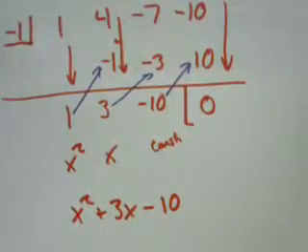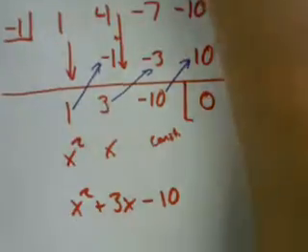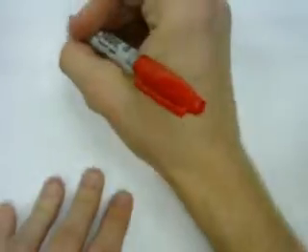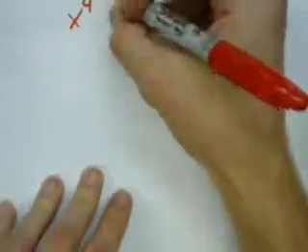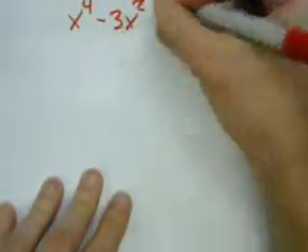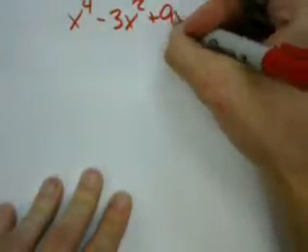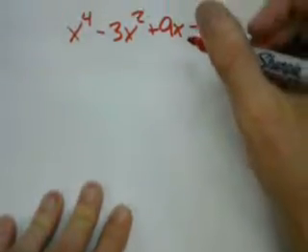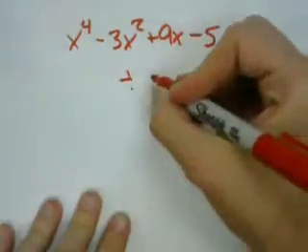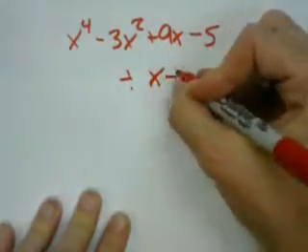Let's do a little harder of a problem. Let's say we have x to the 4th minus 3x squared plus 9x minus 5. And let's say we divide that by x minus 2.